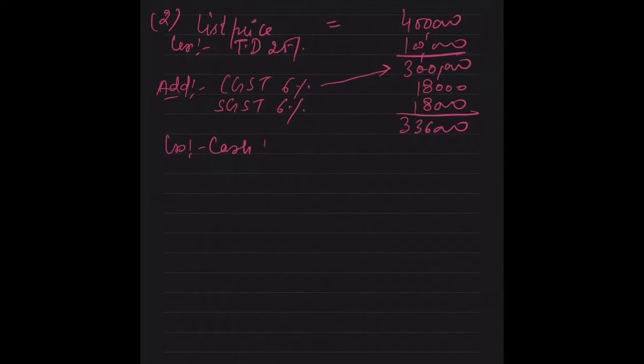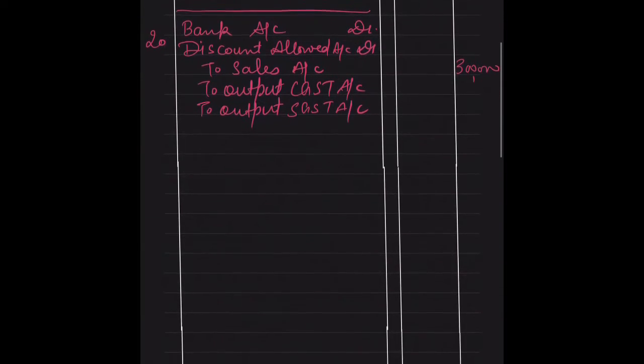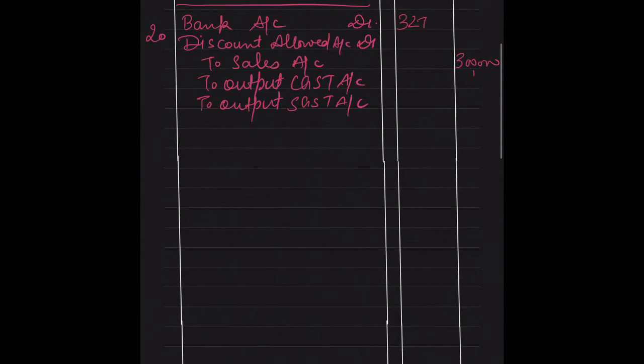Now deduct the cash discount of 3% on 3 lakh, not on 3,36,000. The amount will be 9,000 and the net amount will be 3,27,000. This is the net amount received, and 3,27,000 will be shown on the bank account. Discount allowed is 9,000, CGST is 18,000 and SGST is 18,000.